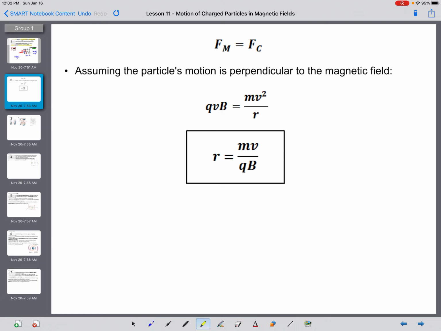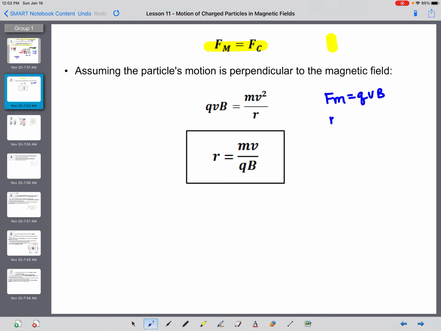Okay, so the big thing is Fm is going to cause the centripetal motion. And just now we already said, for a charged particle, the point charge force is QVB, not ILB, not the one with the wire.